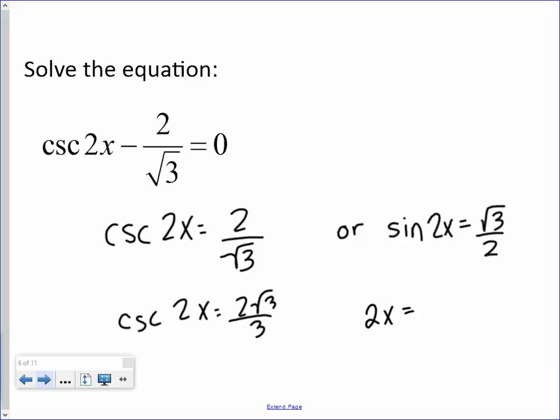What are those angles on the unit circle? 60 degrees, which is pi over 3, or 2 pi over 3, because it would have to be in the second quadrant. Okay. Now, what I usually do on these is I go back, like, it's sine or it's cosecant. What are the periods for sine and cosecant? 2 pi. So I'll just tack on to that pi over 3 plus 2 pi n.